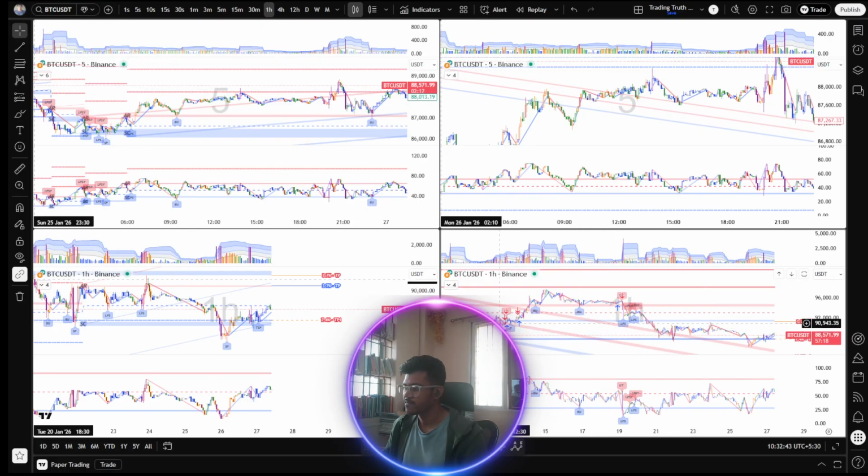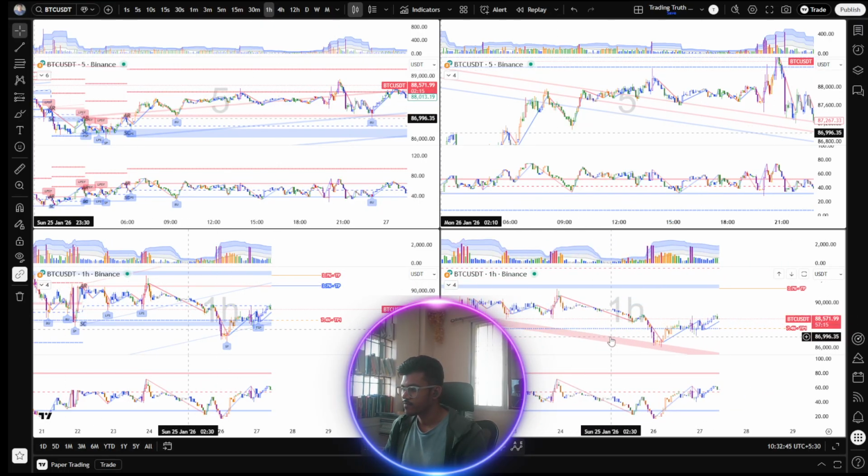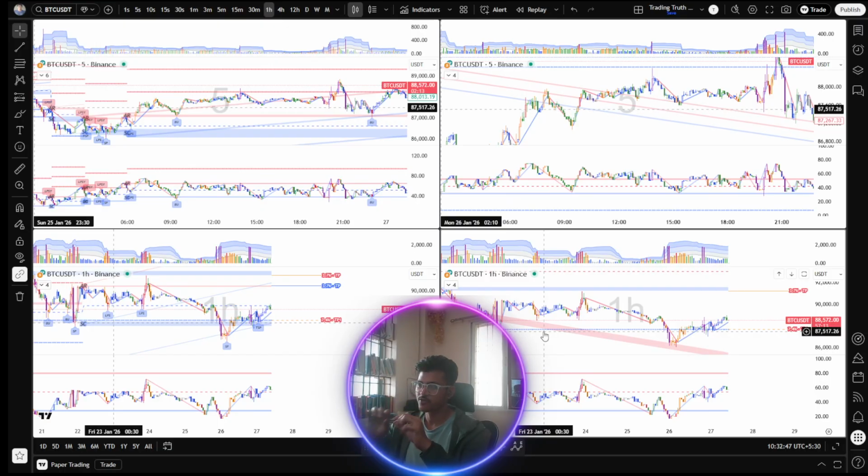See? So what happens is, once we break this descending trend line and break up, the pullback happens, and that's your really great opportunity to buy. For the short trade, when we break below the ascending trend line, the pullback or retracement to the upside is a good opportunity to short.